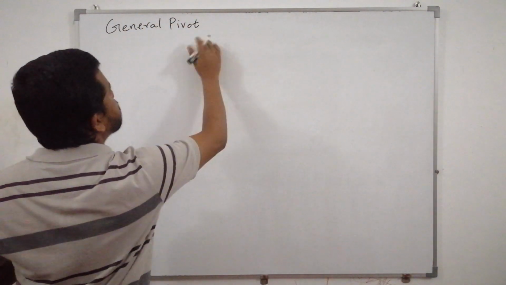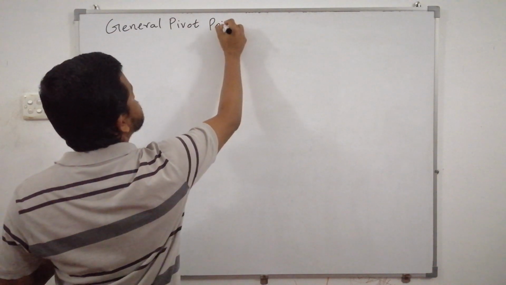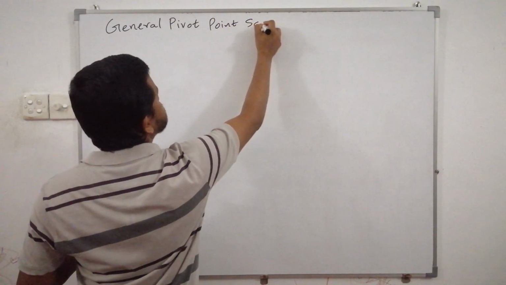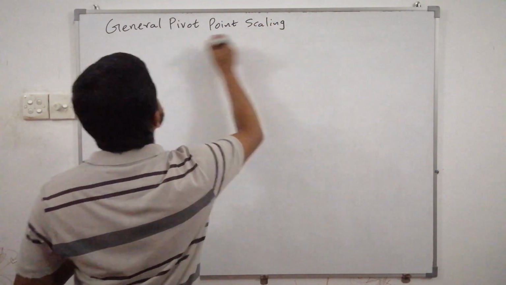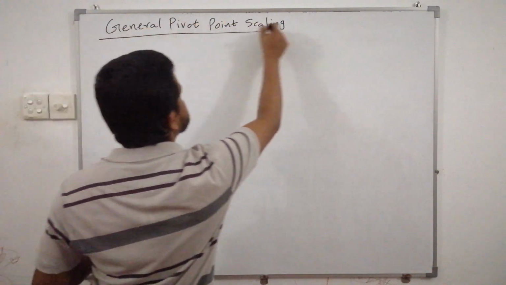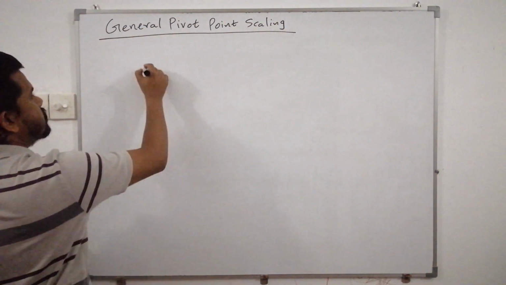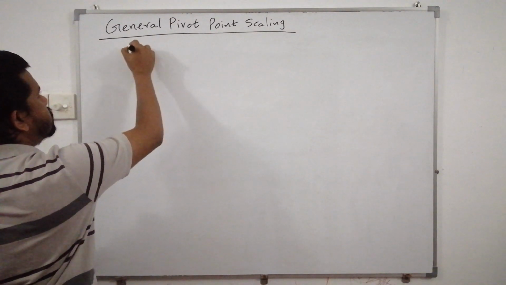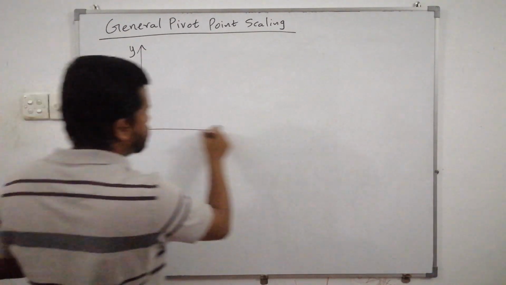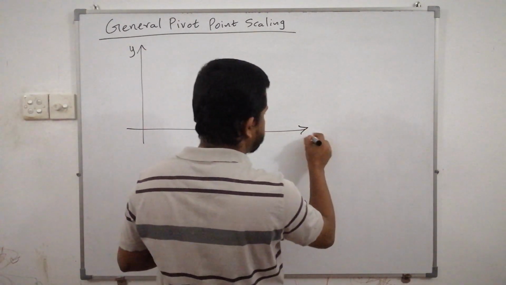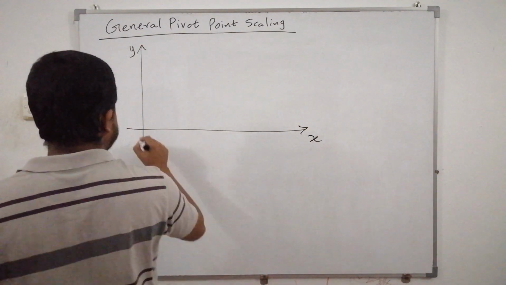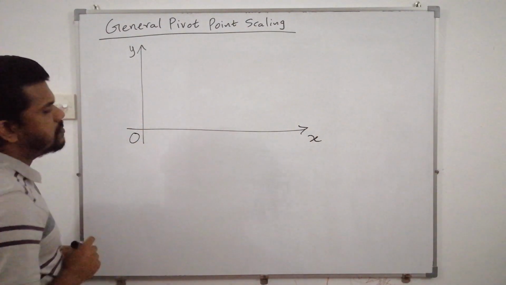General pivot point scaling. Now we have the y-axis, the x-axis, and here we have the origin.